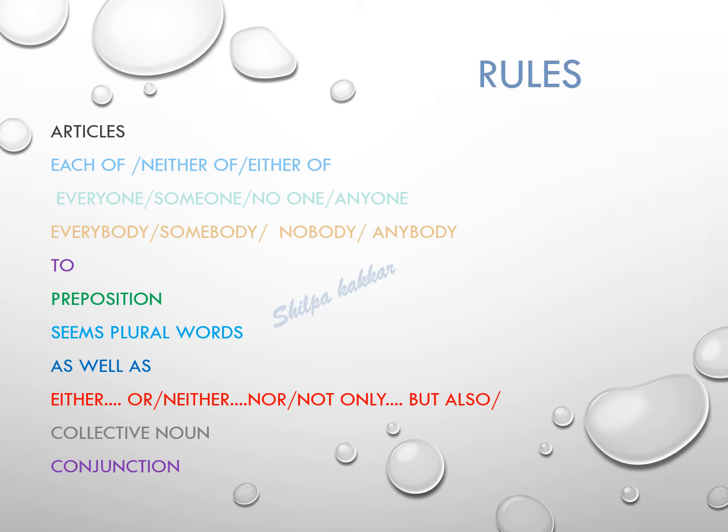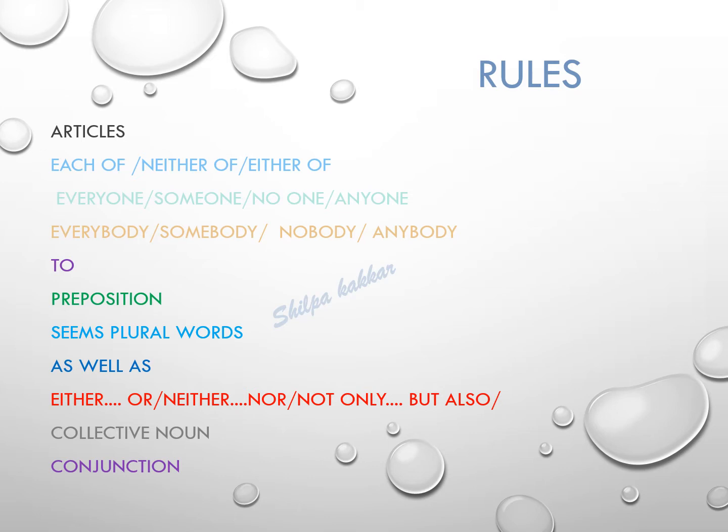Seems plural words. Seems plural words means the words which are in the form of plural. We'll discuss it, as well as what either or, neither nor, not only but also take.